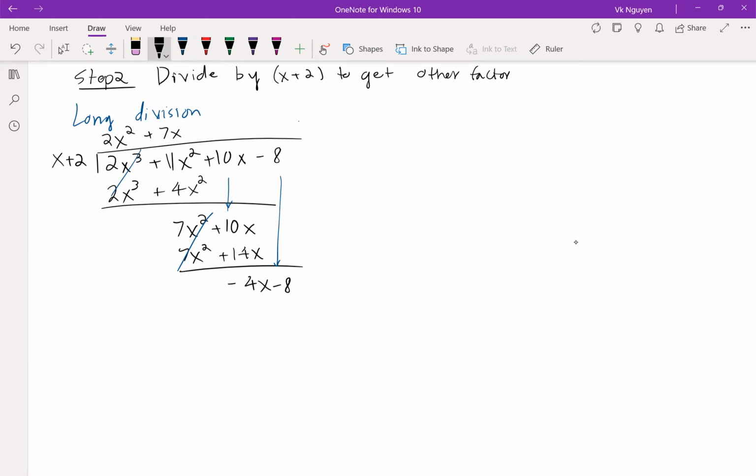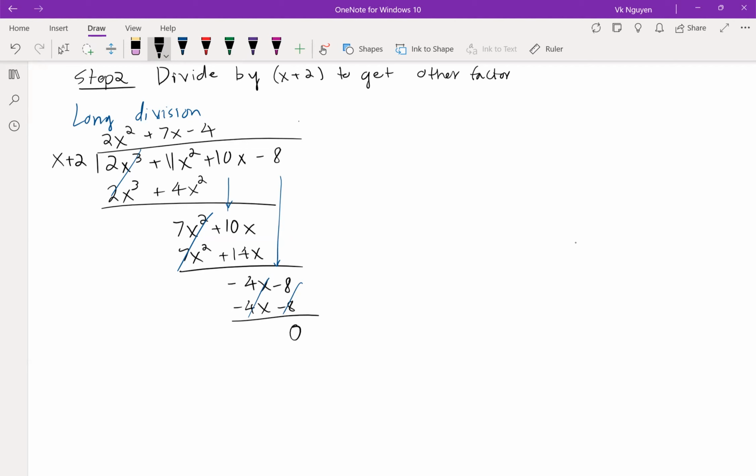x goes into negative 4x, negative 4 times. Negative 4 times x is negative 4x. Negative 4 times 2 is negative 8. And when we do the subtraction, they cancel each other out. The remainder is 0.